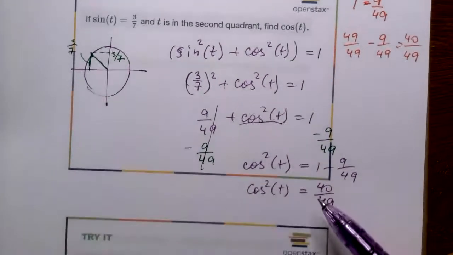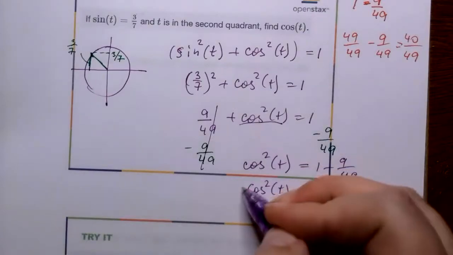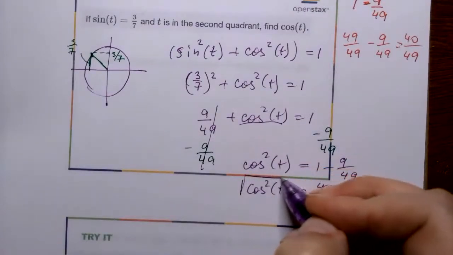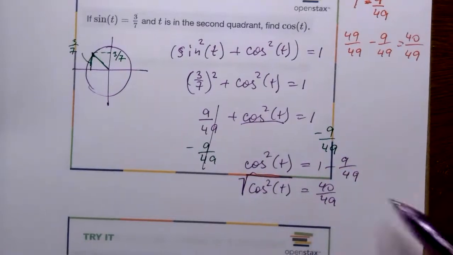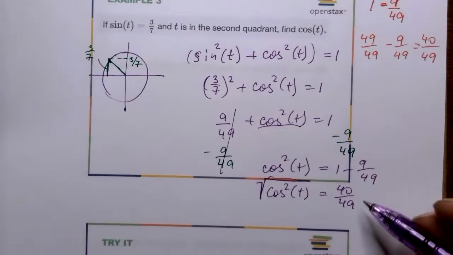Now, in order to solve for cosine, I need to unsquare. But when I unsquare, I know that my result could be positive or negative.